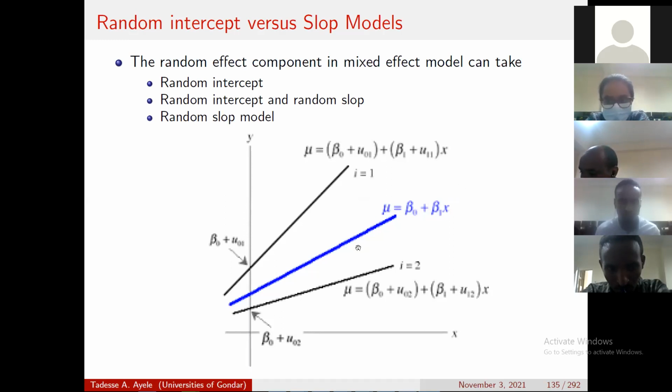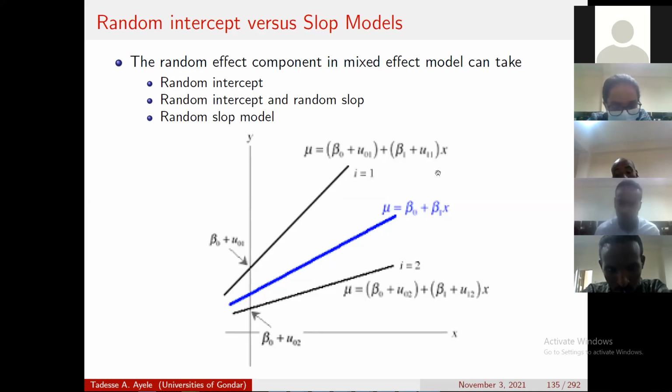This one is the fixed line without random effect, whereas the 2 lines indicate random intercept and random slope. So this line stands for mu equals beta naught, this one is random intercept plus beta 1, and this one is random slope.